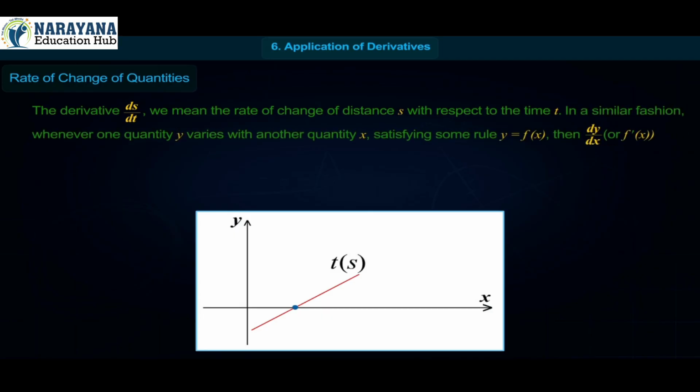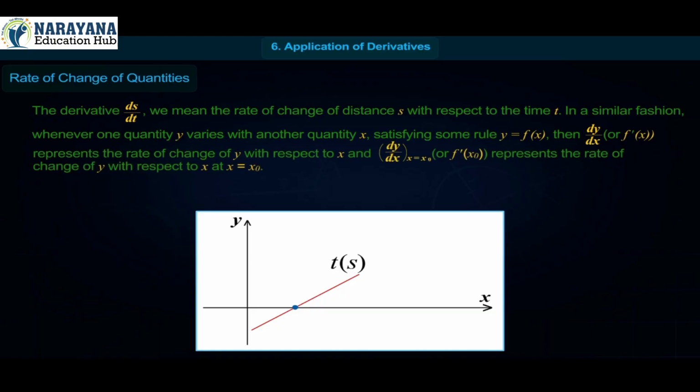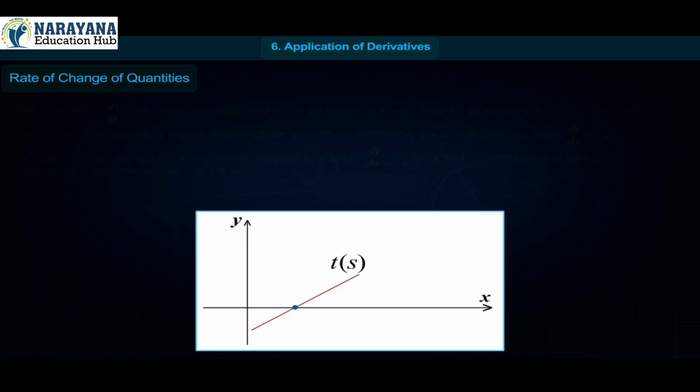In a similar fashion, whenever one quantity y varies with another quantity x, satisfying some rule y is equal to f of x, then dy by dx or f dash of x represents the rate of change of y with respect to x, and dy by dx at x is equal to x0 or f dash of x0 represents the rate of change of y with respect to x at x is equal to x0.